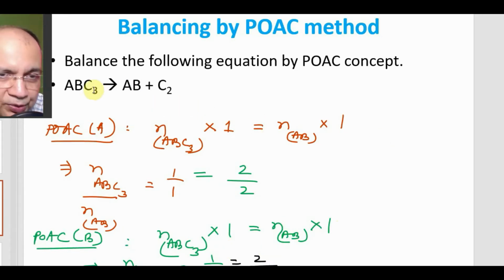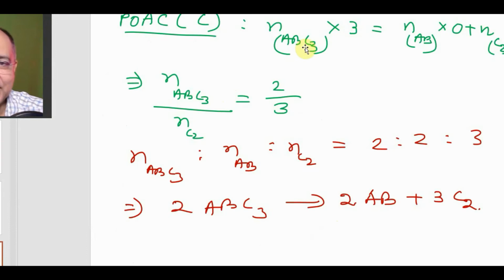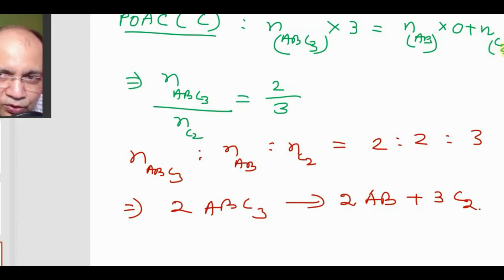Then let us go for the POAC of C. The number of moles of the reactant into 3, there are 3 C's. Number of moles of AB into 0, because there is no C here. I should not have written that. And in the second product, the number of moles of C2 into 2, because there are 2 C atoms.